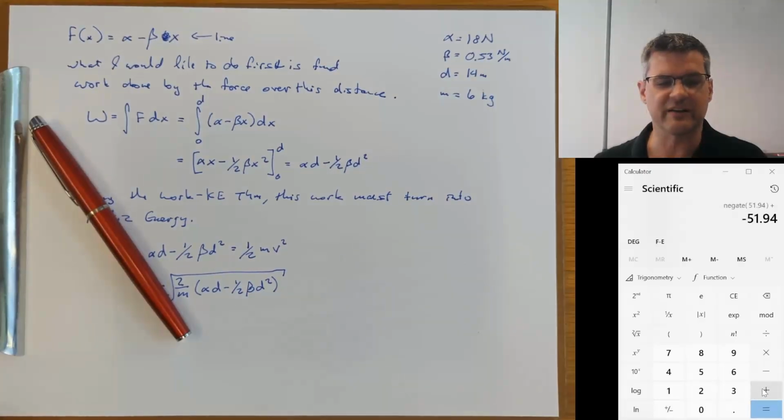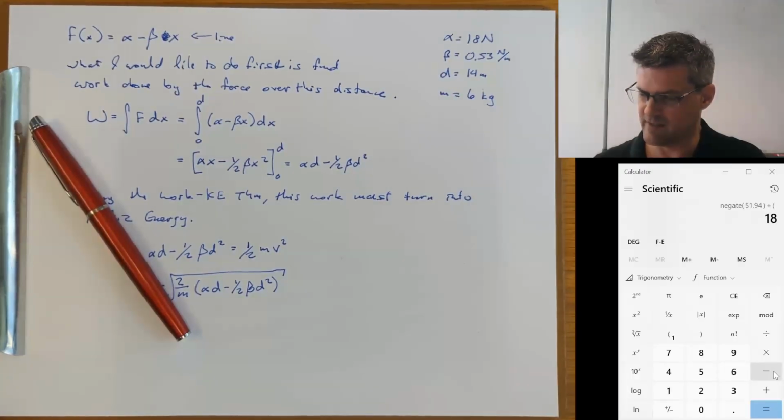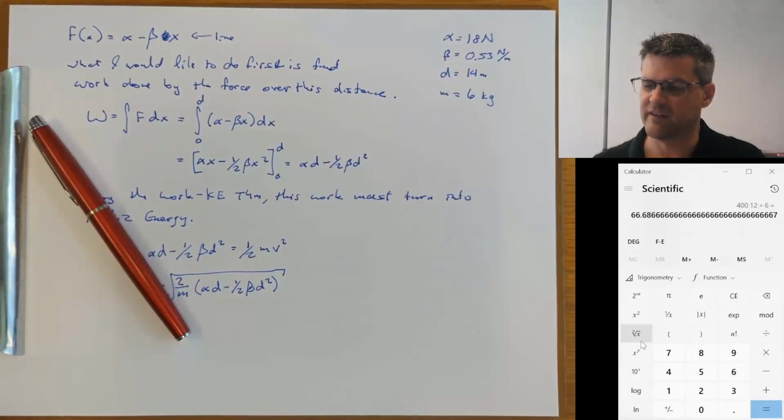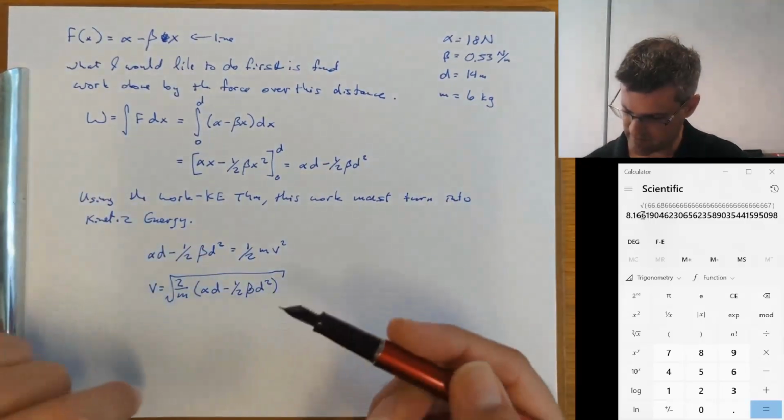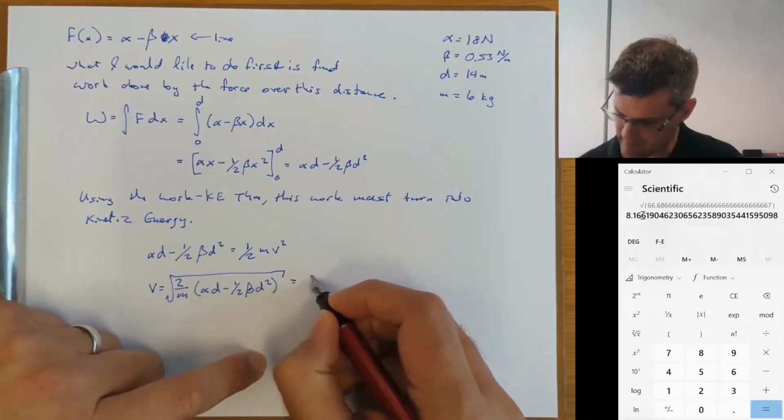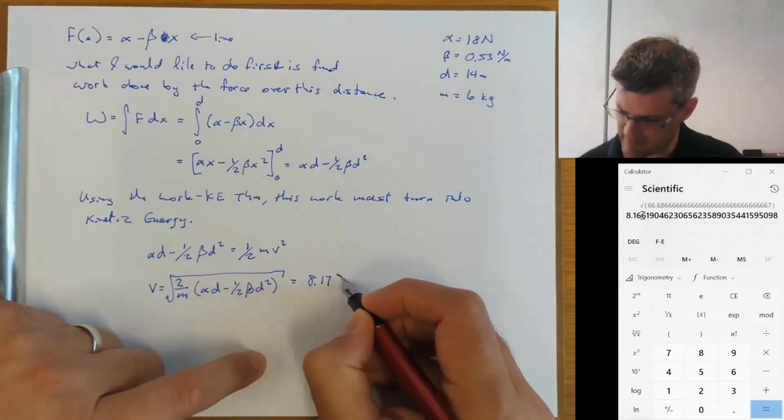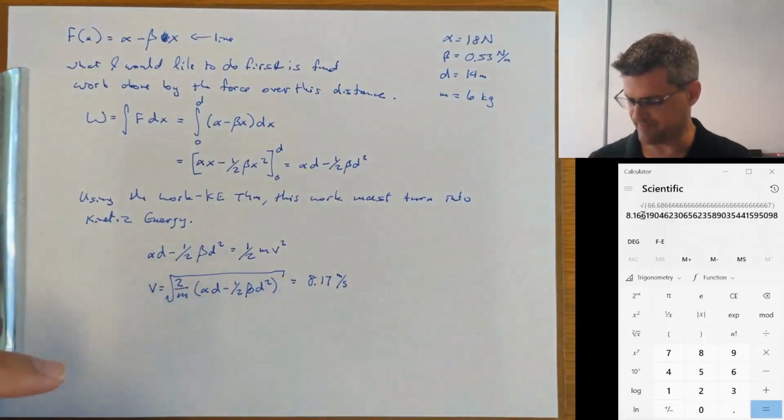This is subtracted from alpha, which is 18 times 14, which is this, times 2, divided by 6. Take the square root. So 8.17 meters per second.